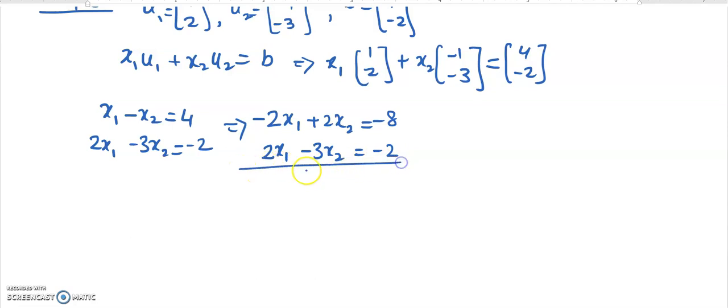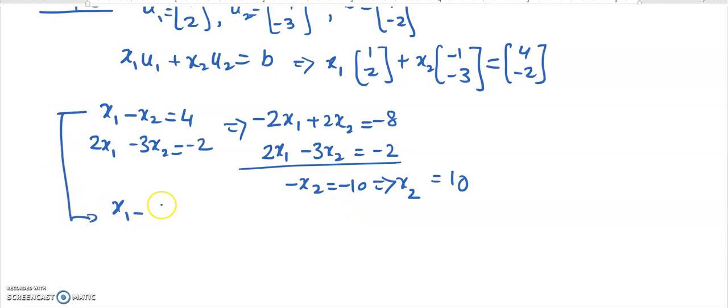Then we add these two equations, so the x1 term will cancel, and it will be -x2 is equal to -10. So x2 will be equal to 10. From here we can find x1, because x1 minus x2 is equal to 4, and x2 is 10, so x1 is equal to 14.